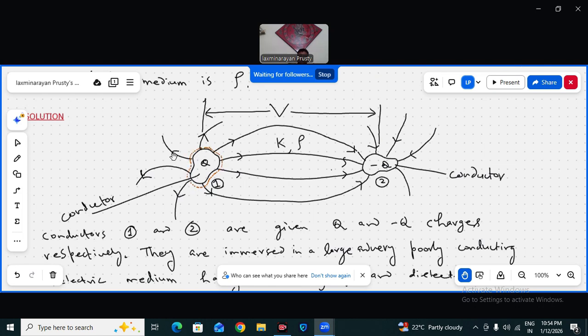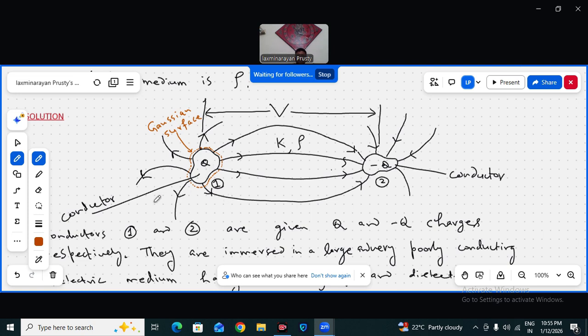This is the Gaussian surface. Let me write it: Gaussian surface.